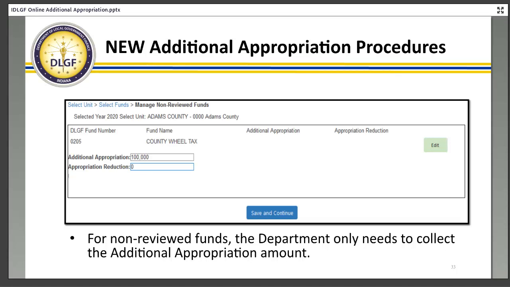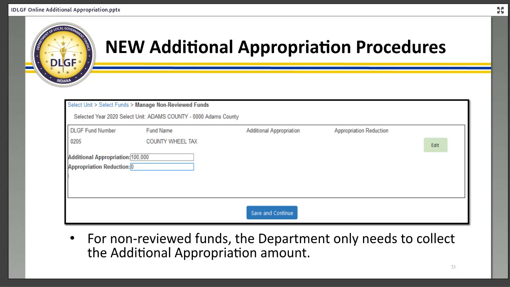So for the third time in the presentation itself, I wanted to talk about the non-certified funds. For those, the department does not need to collect as much information as we did earlier. For any non-certified funds that were selected from the fund menu that we looked at the beginning of step 2, all you'll need to do is enter the amount for the additional appropriation and click Save and Continue.